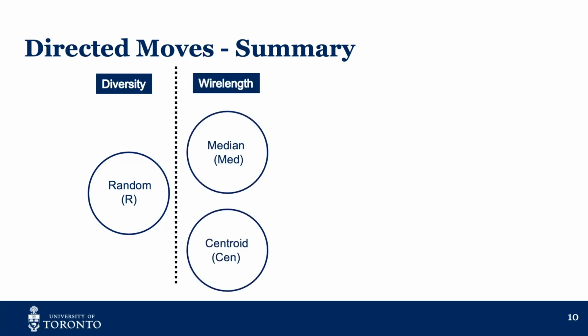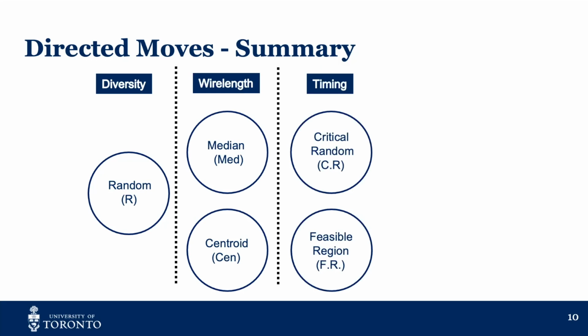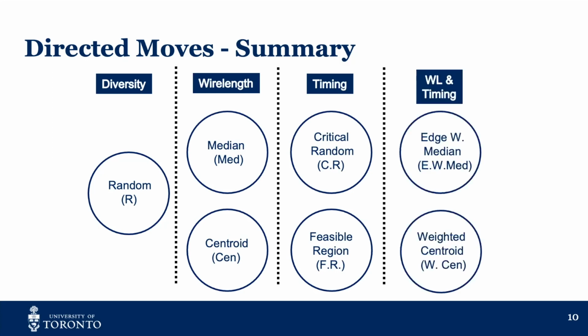We also proposed two moves that target wire length optimization, which are the median and centroid moves. And we proposed two moves that target timing optimization, which are critical random and the feasible region. And we proposed two moves that target both wire length and timing optimization simultaneously, which are the weighted median and weighted centroid moves.